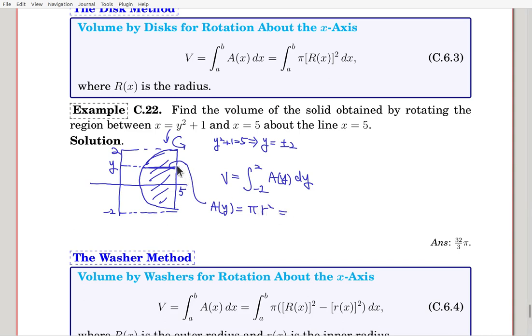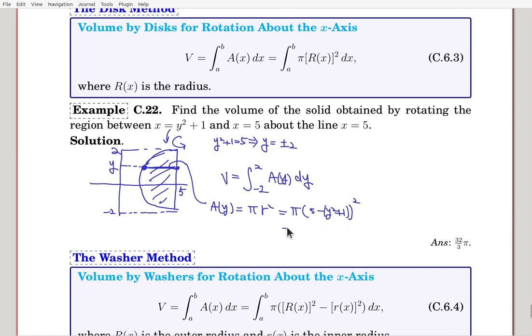What is r? r is from here to there. In the x direction, that is y squared plus 1, so this x minus that x. This x is 5, and that x is y squared plus 1. So r is 5 minus (y squared plus 1). Right?